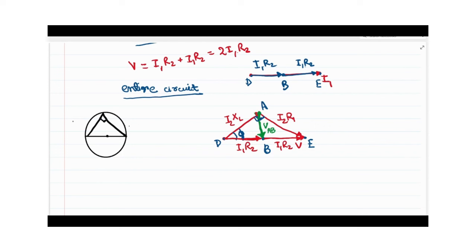And the right angle always lies in a semicircle. So these were some basic theorems that we used to learn back in seventh and eighth grade mathematics, geometry.